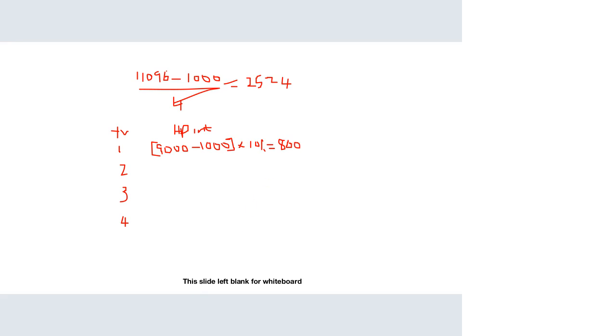So remember, that is just the interest. Then we have the capital, and then in the last column we have installments.